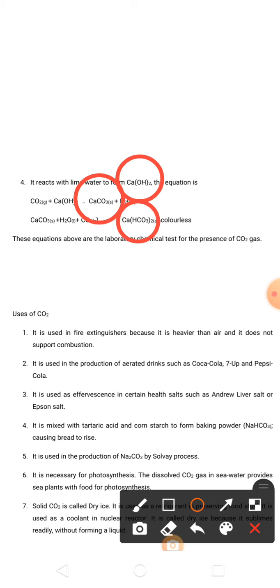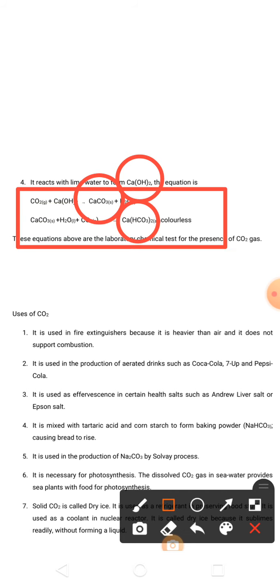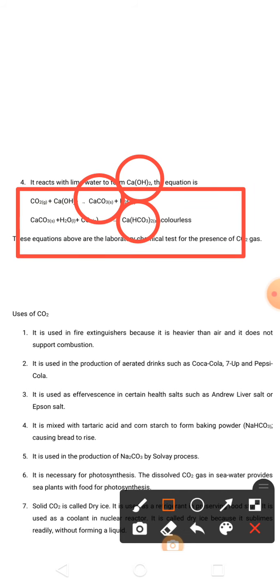Now this equation that I drew here, everything here, is what you use to test for the presence of carbon dioxide in the laboratory.